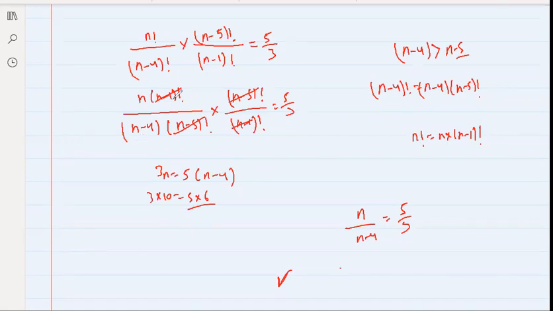It's just a linear equation in one variable, you can solve it. 3n is equal to 5n minus 20. Got it? So 2n is equal to 20, n is equal to 10. Okay, very good. Did all of you understand this concept?